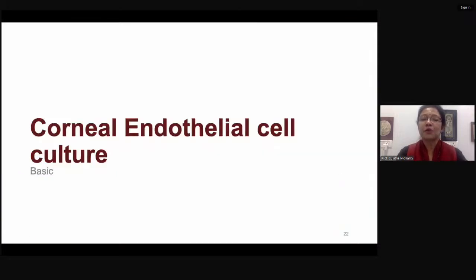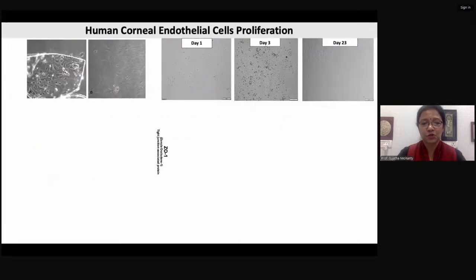From there, we were very interested to see what other areas we could take on in terms of cornea. The endothelial defect was the other area we tried to focus on. There was an initial collaboration with Professor Anthony Aldev, where we tried to harvest human corneal endothelial cells as an explant and also in suspension culture.